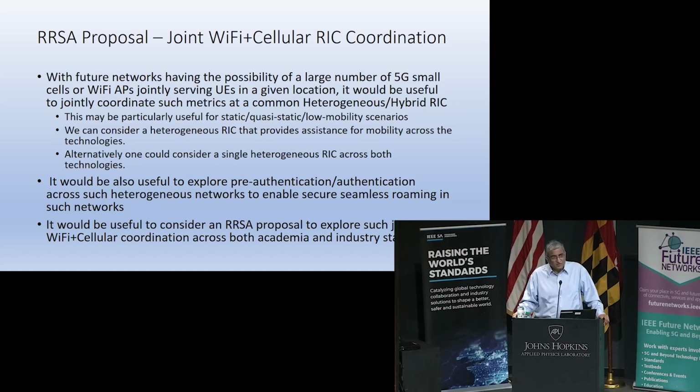Trusted access tries to use the same authentication to go onto Wi-Fi, whereas non-trusted allows different credentials to be used and still connect to the Wi-Fi. And we could think of pre-authentication mechanisms potentially that would work across these technologies to enable seamless roaming.